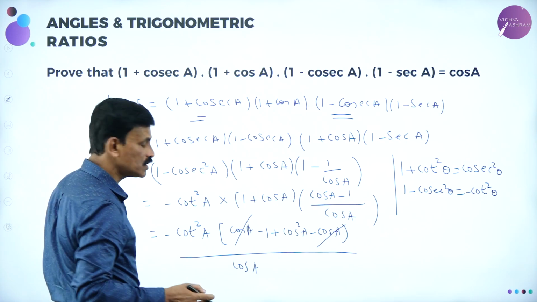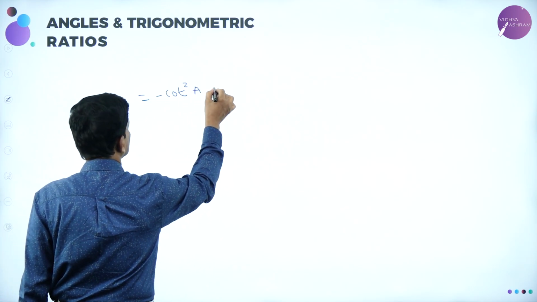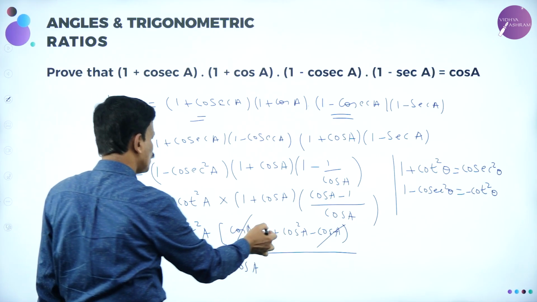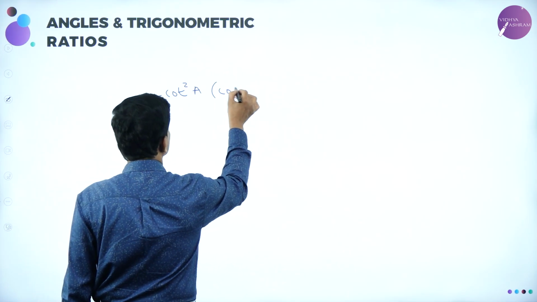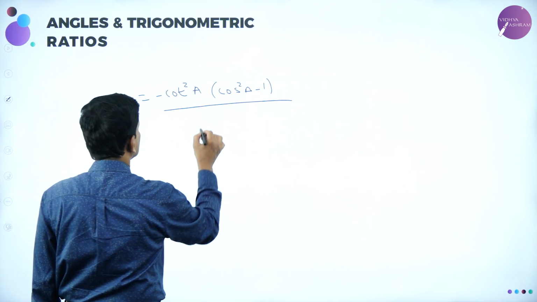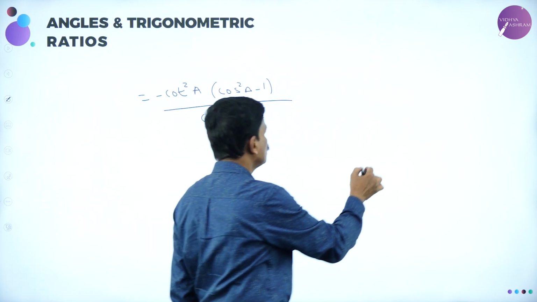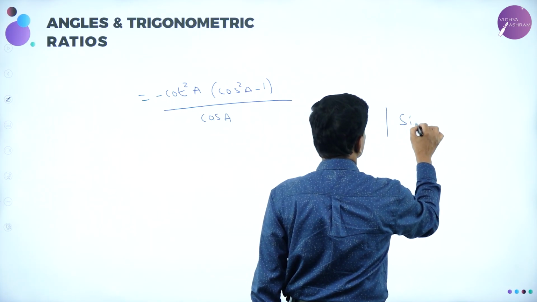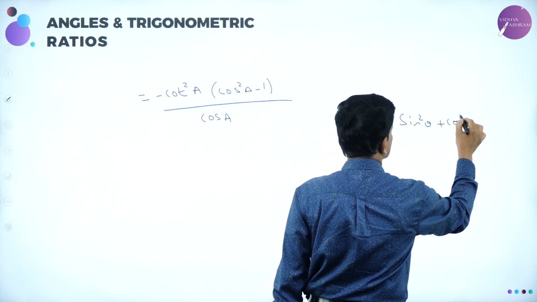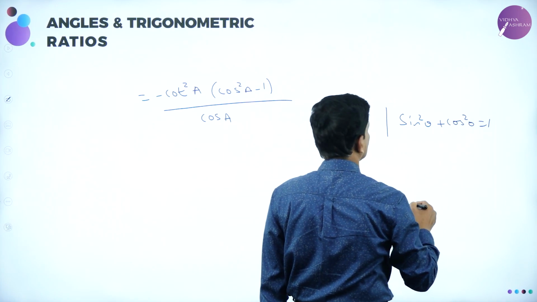I will go to the next page. So, that is equal to minus cot square A into, what we have is cos square A minus 1, divided by, in the denominator we have cos A. Since you know one more formula, sin square theta plus cos square theta is equal to 1.